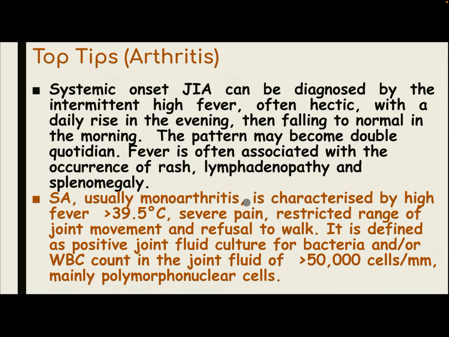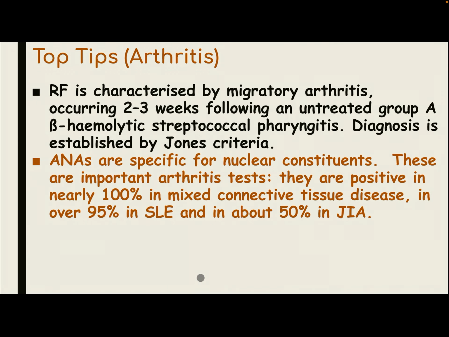Septic arthritis, usually monoarthritis, is characterized by high fever, more than 39.5 Celsius, severe pain, restricted range of joint movement, and refusal to walk. It is defined as positive joint fluid culture for bacteria and/or white blood cell count in the joint fluid more than 50,000 cells per cubic millimeter, mainly polymorphonuclear cells.